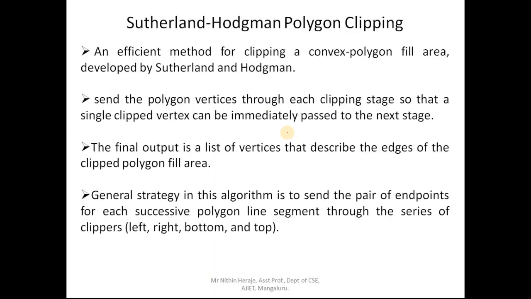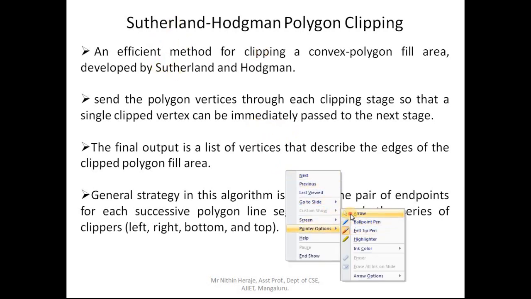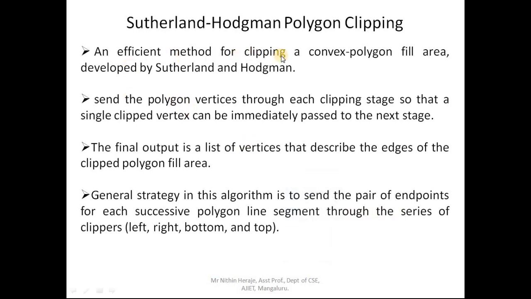So we had seen the Cohen-Sutherland line clipping algorithm, that is for line clipping. Now for polygon clipping we have the Sutherland-Hodgman algorithm. This is for polygon clipping, so we'll look into what this algorithm is. It is an efficient method for clipping a convex polygon fill area, developed by Sutherland and Hodgman.